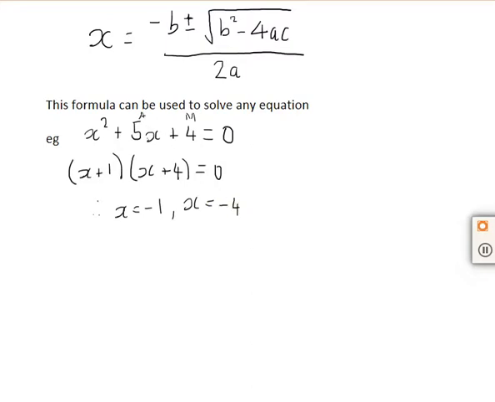But if you weren't able to factorize, if there were no common factors, you could use the quadratic formula. You just need to substitute it in. Remember that you can put a 1 there. That's a, this is b, and this is c. So c is 4, b is 5, a is 1.